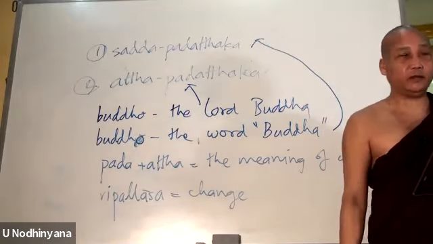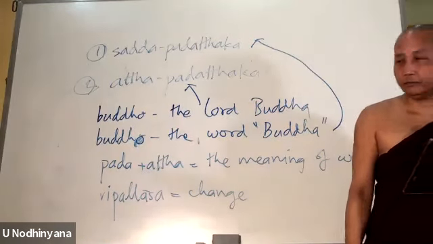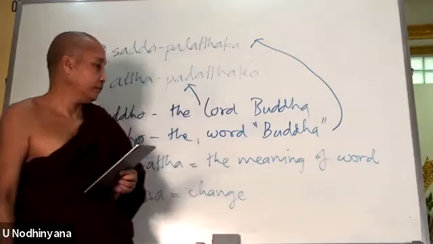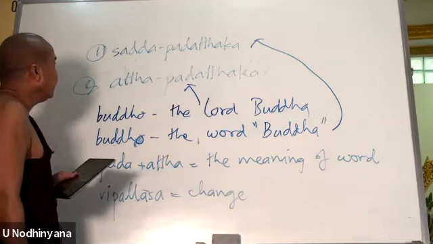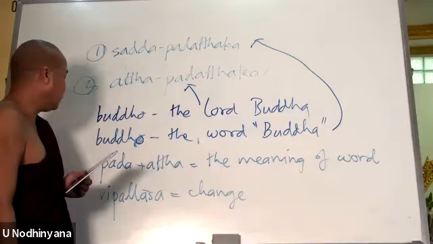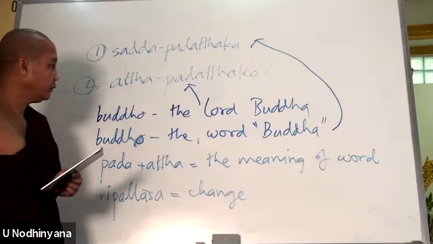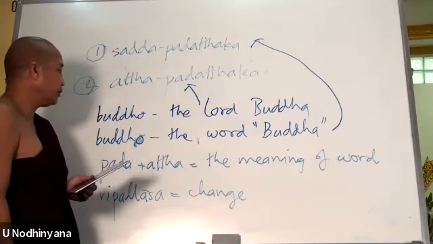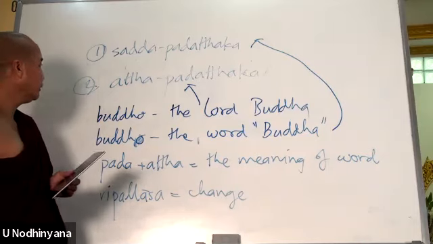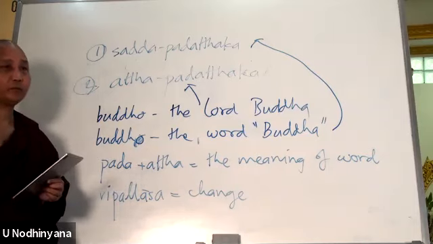If you translate the Buddha like the Lord Buddha, it is attha paṭṭhaka. If you translate the word Buddha, this Buddha is the word Buddha, then it is called saddha paṭṭhaka.